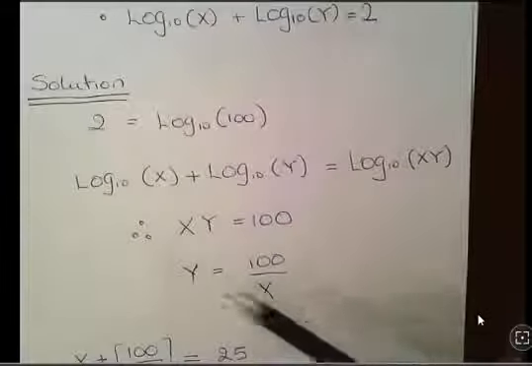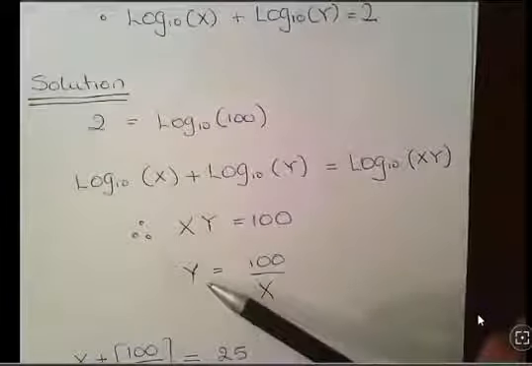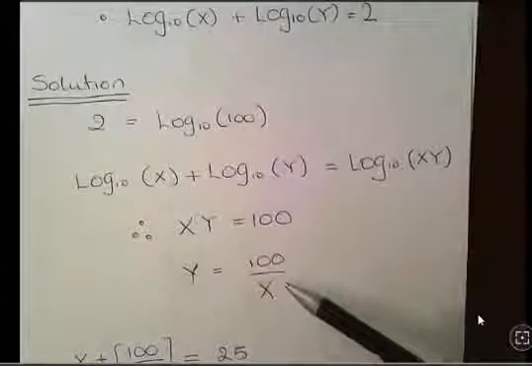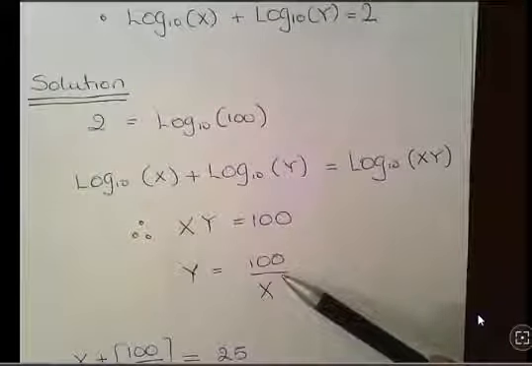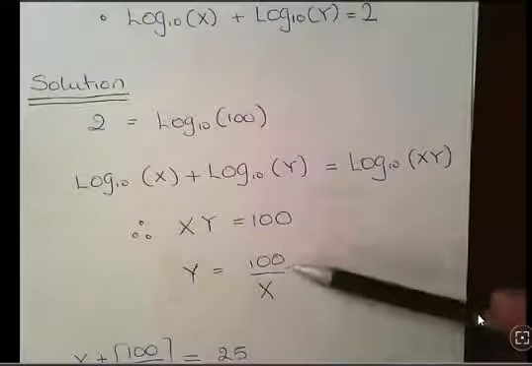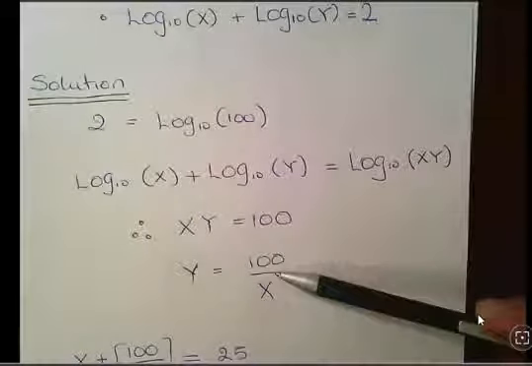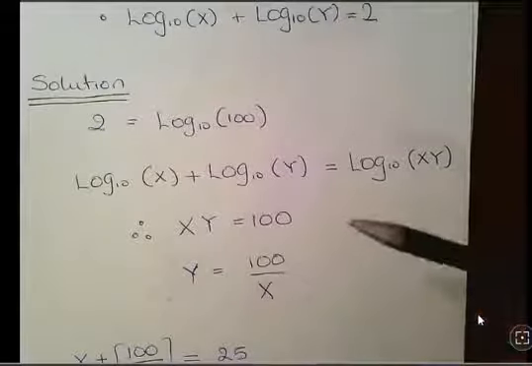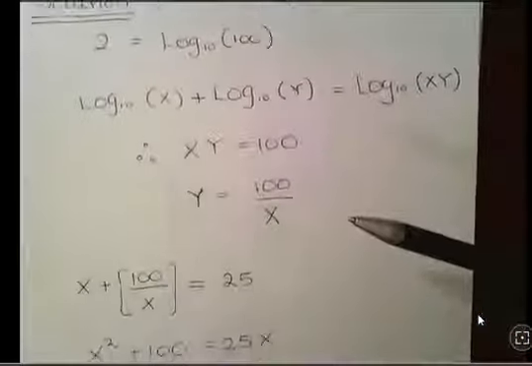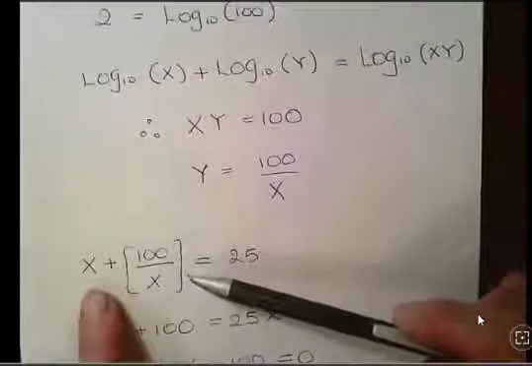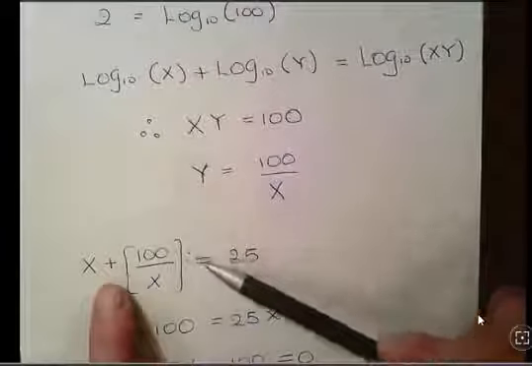So one or the other, y is equal to 100 over x. Essentially what I'm going to do now is simplify this expression in a way that I can substitute it back into the other equation. So y equals 100 over x. Above we had x plus y is equal to 25.